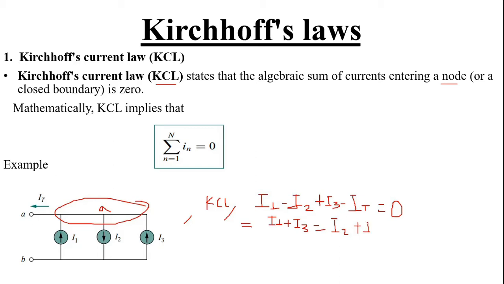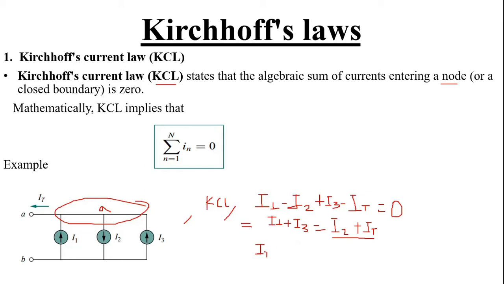This indicates that the total current entering the node, that are I1 and I3, is equal to the total current leaving node A, that are I2 and IT.